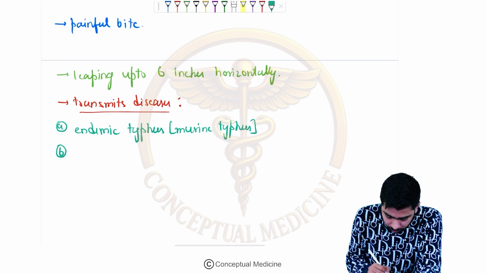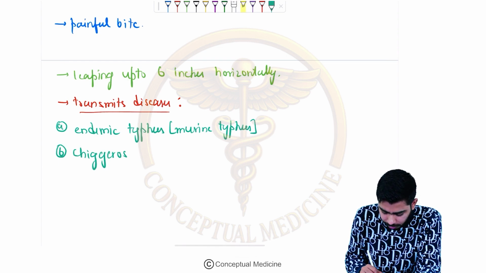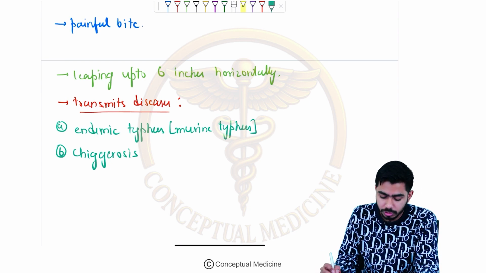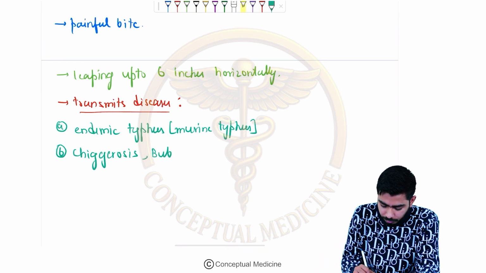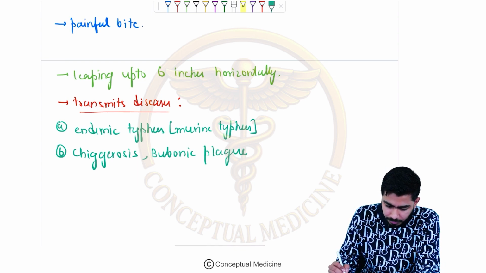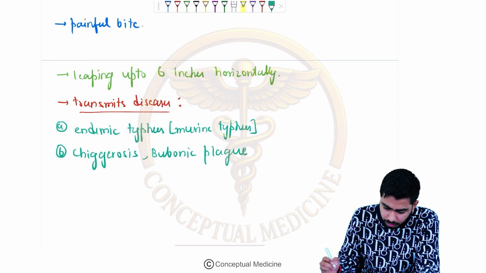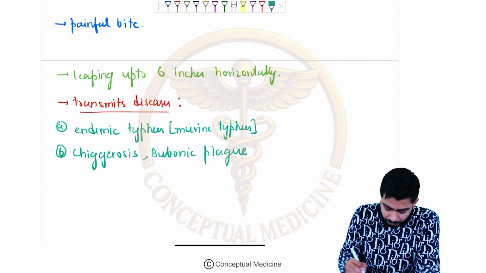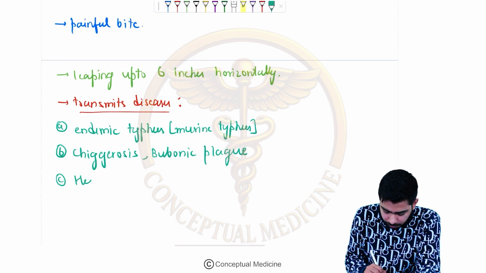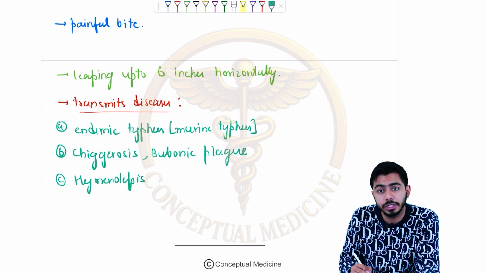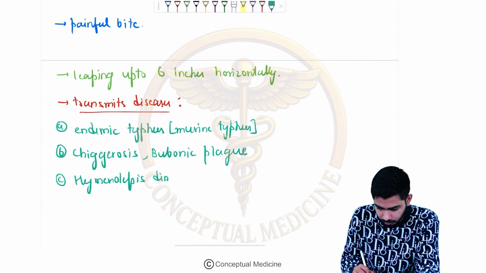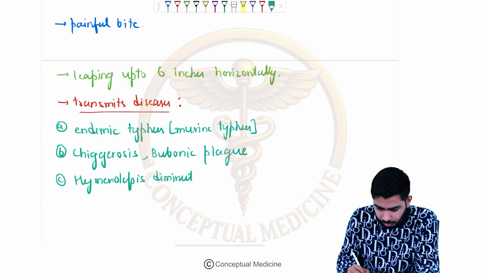They also spread chigger osis, right? They might be able to spread the bubonic plague, right? The bubonic plague, right? And one more I am writing over here, Hymenolepis diminuta, right?